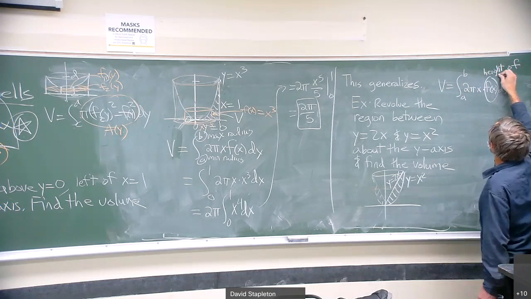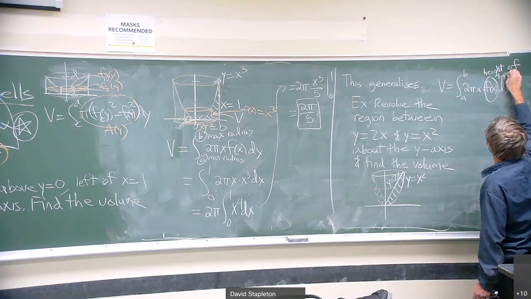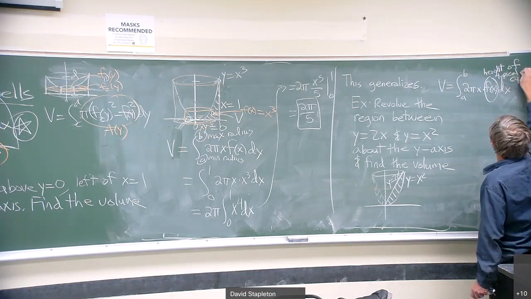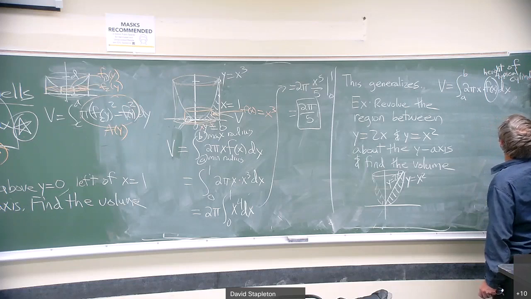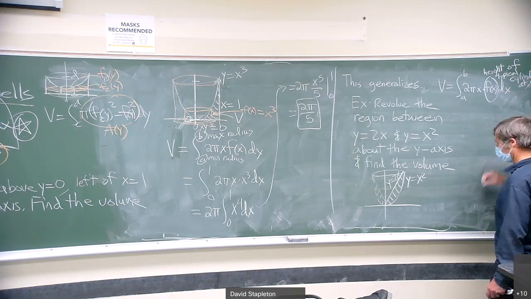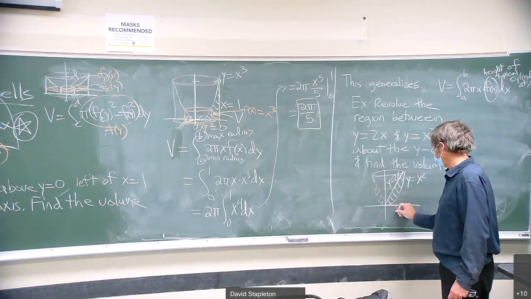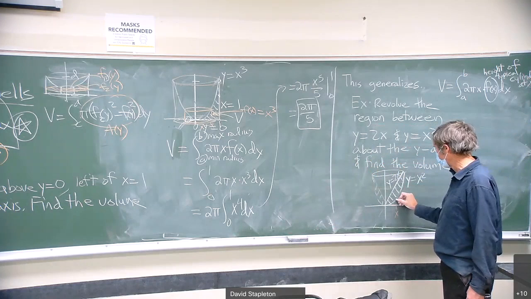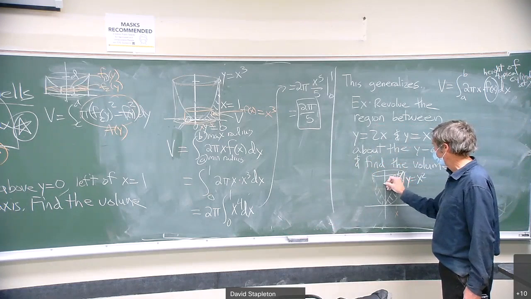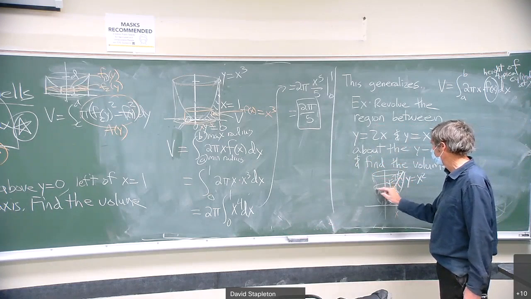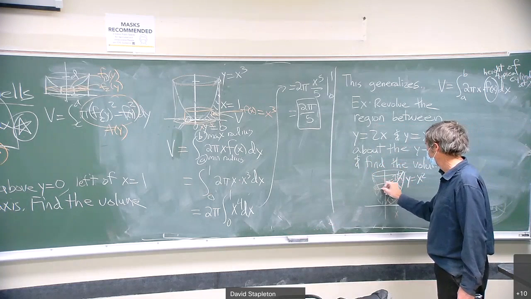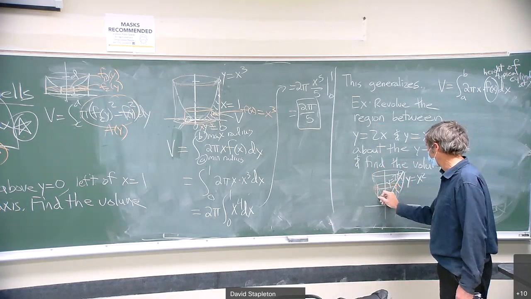Height of the typical cylinder, excuse me. At x, you draw the cylinder again. At x, when you're revolving around the y-axis, you've got this cylinder, and you're thinking of filling up the region with these cylinders.